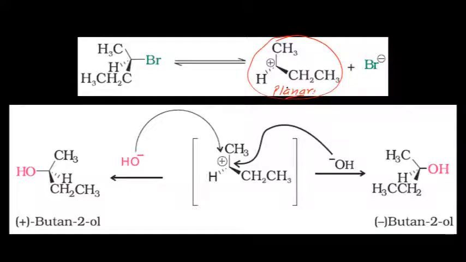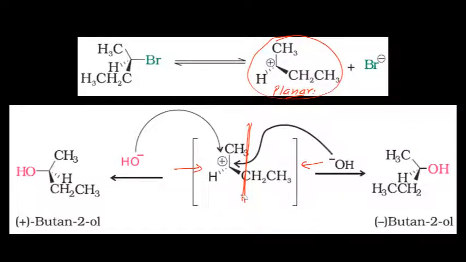If it is planar, then suppose this is the carbocation I am talking about, same thing I have written here. Because it is planar, if I see it from either the right side or the left side, it will look like just a vertical line to me because it's just a plane.